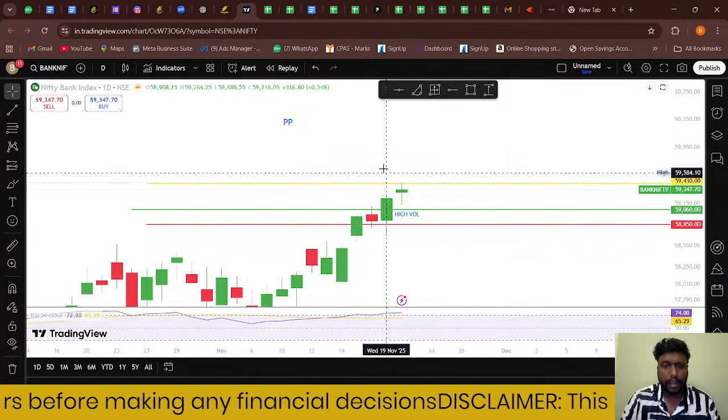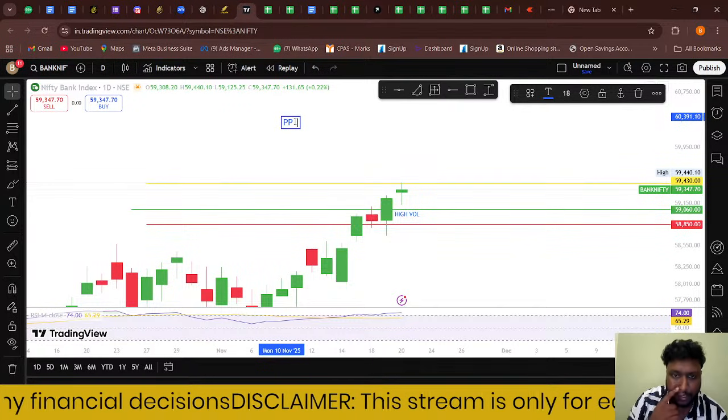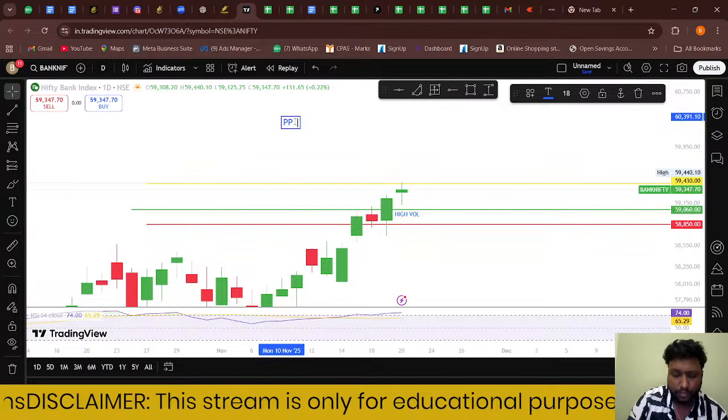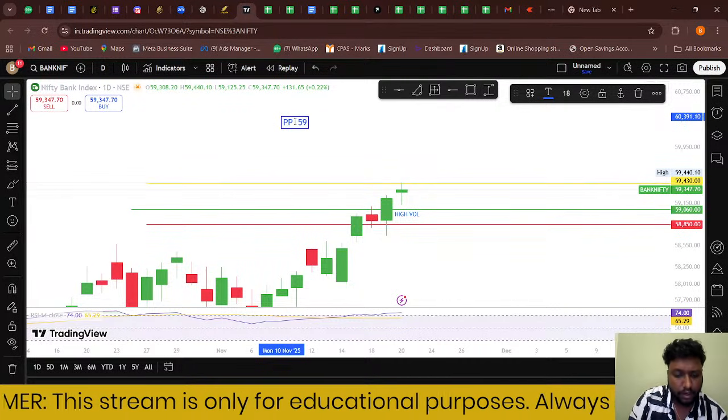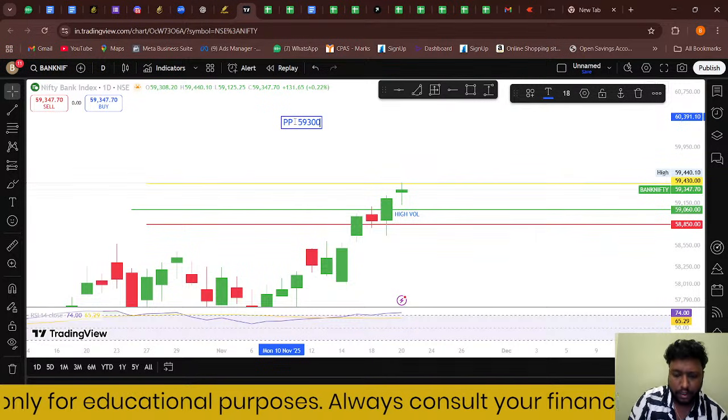With respect to Bank Nifty, the pivot point lies at 59,305. We'll mark it as 59,300 only.